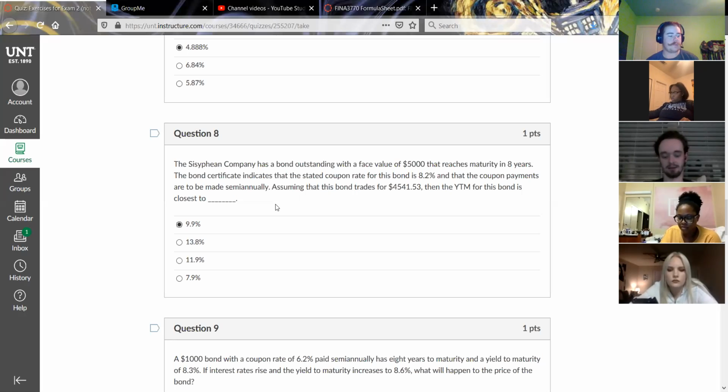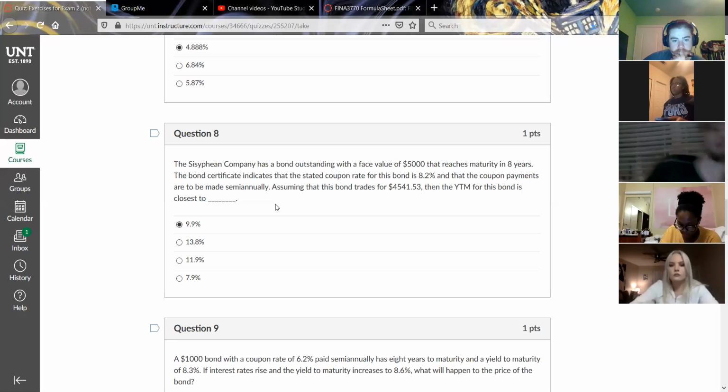Your payment is 205, because that is your coupon rate times your face value, divided by 2 because it's semi-annual. And 5,000 is your future value. If you put all those in your TVM solver and solve for interest rate, you get 4.94. Since that's semi-annual and you're trying to find the yield to maturity, which is yearly, you multiply it by 2 and you get 9.9.